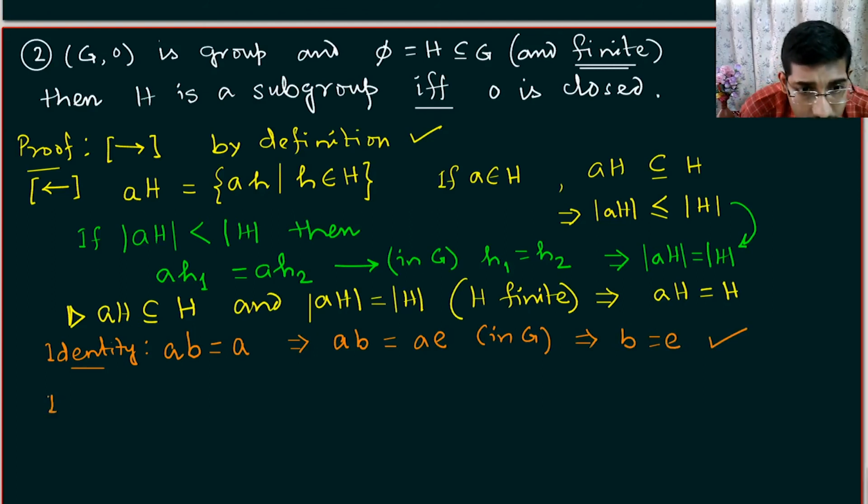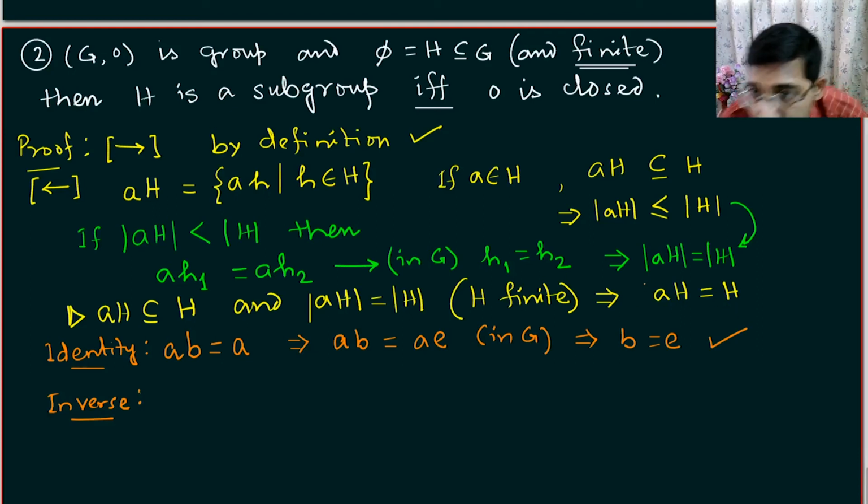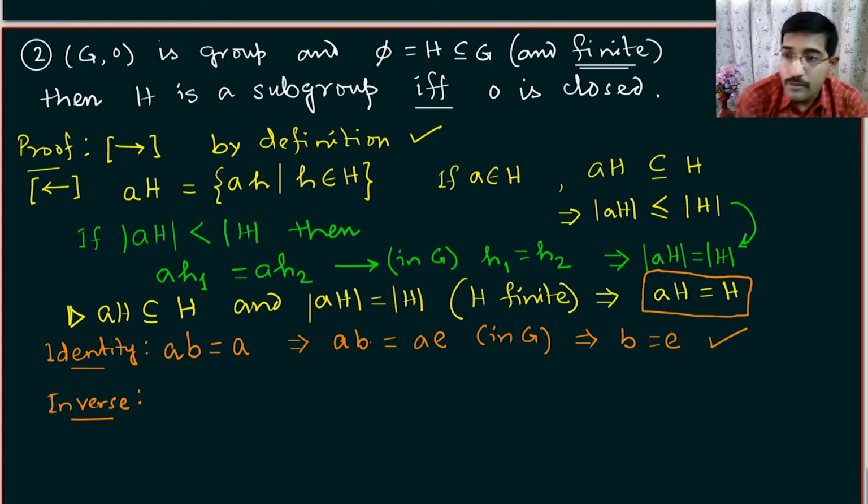For the inverse element case, since the identity exists, the identity is also a member of H. This is our very famous equation, AH equal to H. So for the identity element that is present in H, with A and some other elements from H will also be equal to that, because these two sets have the same elements.